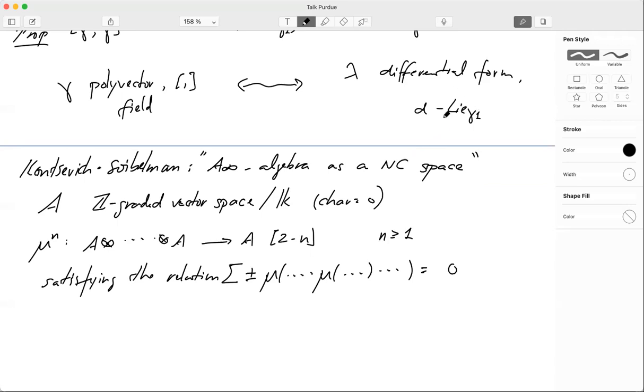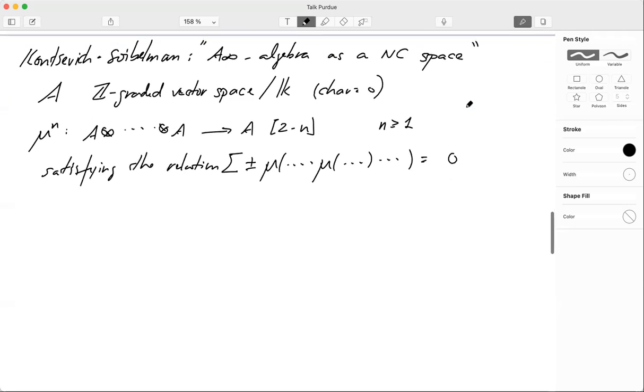One of them looks like taking the Lie derivative with respect to a field. To describe this, I need to talk about something called Hochschild homology and cohomology. So this is some theory of invariants, originally of associative algebras, but you can extend it to A infinity algebras.